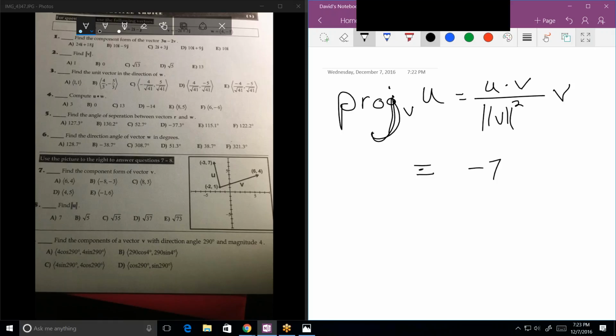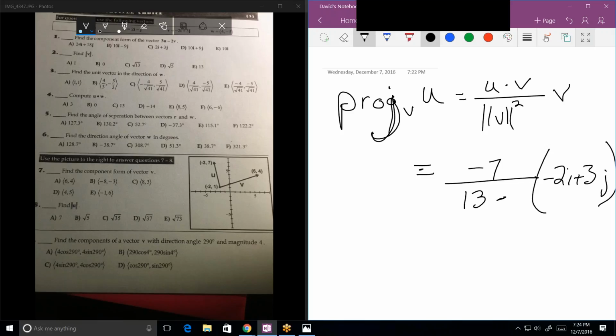Then you go over, and now we need the magnitude of V. That's square root of 13, squared. V is the vector minus 2I plus 3J. And that's what our answer should look like.